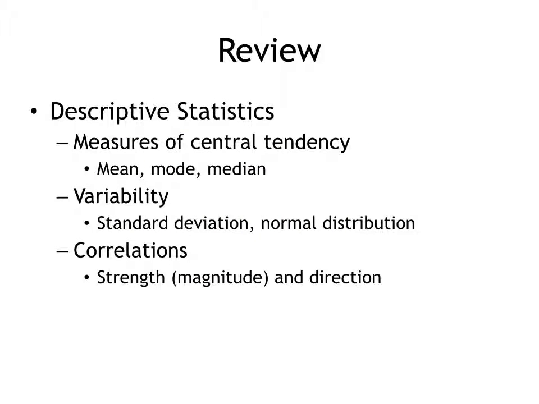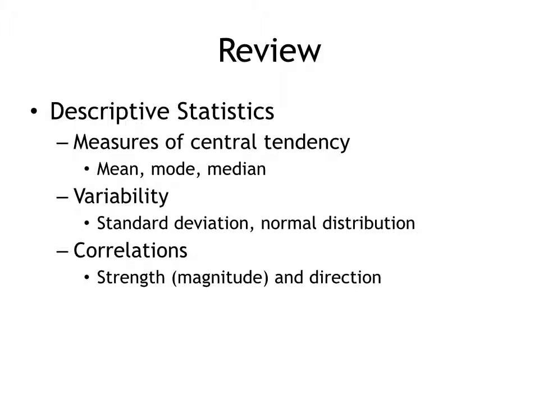So let's do a quick review. Descriptive statistics. We are measuring and telling stories and describing a sample data set. We're measuring the central tendency, which means we're talking about the mean, the median, and the mode.